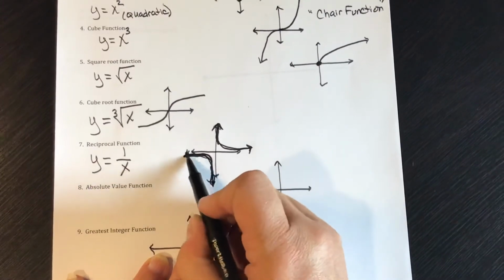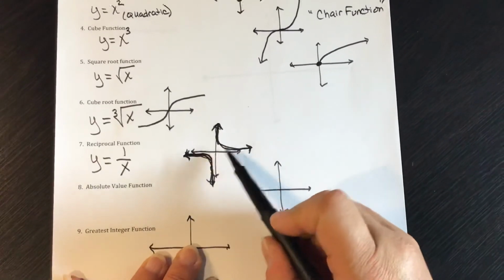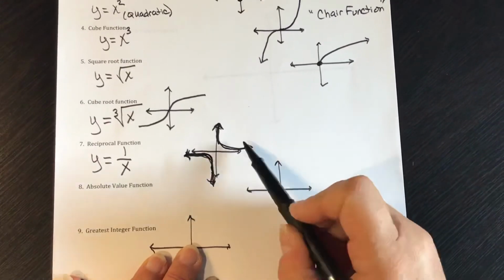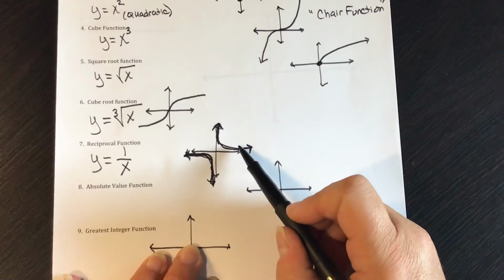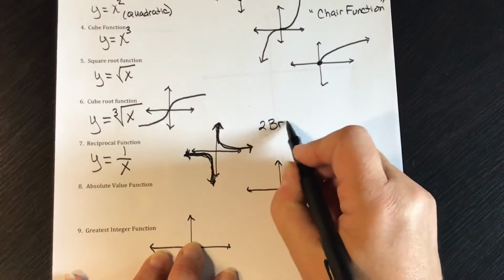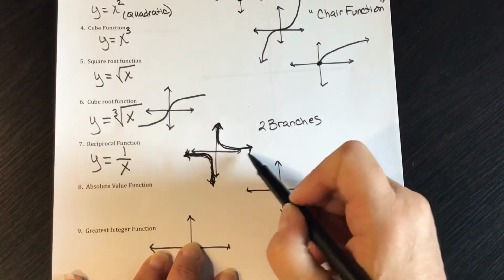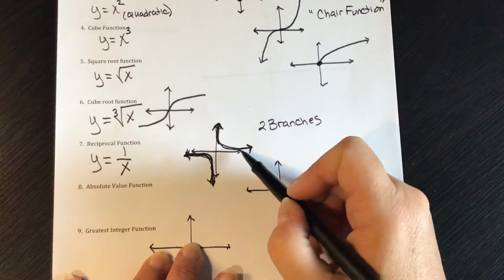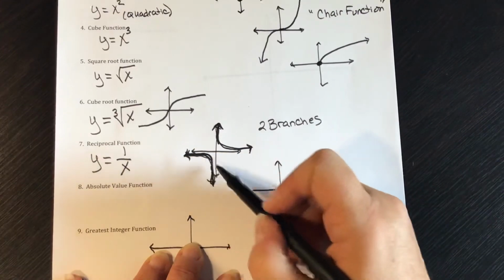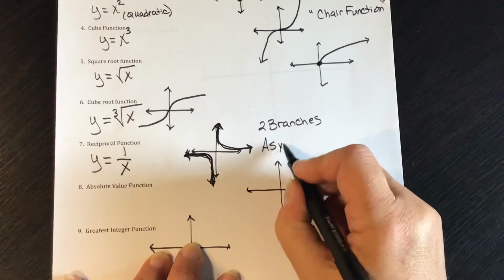If we were talking about reflecting, this would be an odd function because it reflects over the origin. Okay, so there are 2 branches, and each branch comes very close to the axes, but it never touches, and those are called asymptotes.